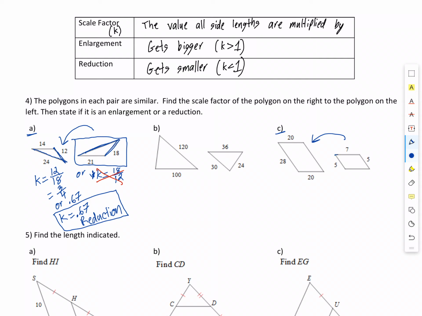So we know this side's one of our longer sides, so we know this corresponds to that one. Again, with them being similar, whatever's smaller is going to remain smaller, and whatever's bigger is going to remain bigger. Okay? And again here, we're going from the one on the right to the one on the left, and we're getting bigger, so that's going to be an enlargement.